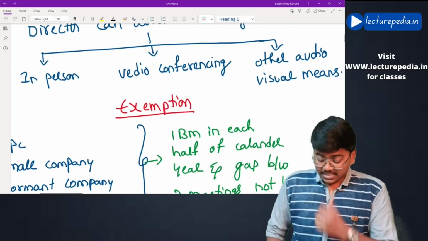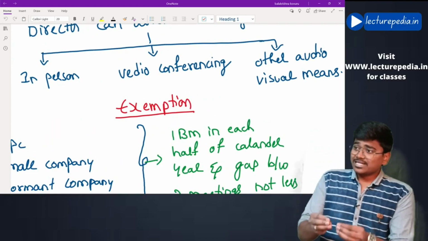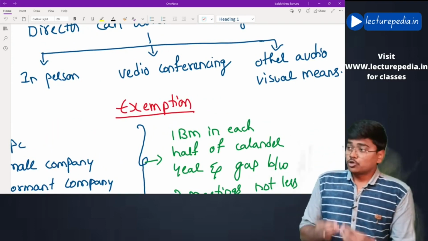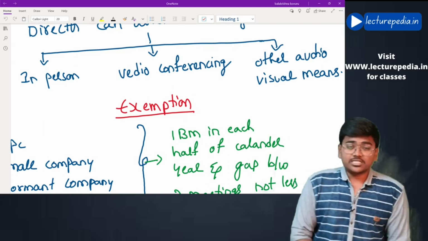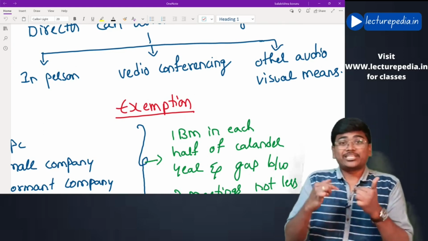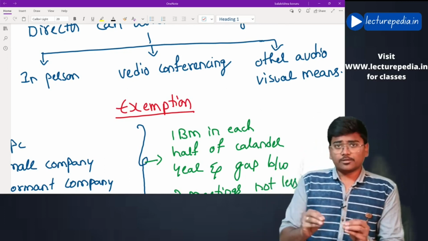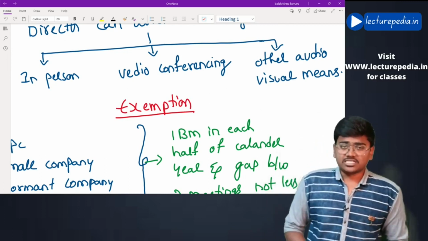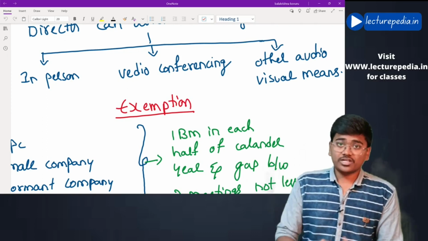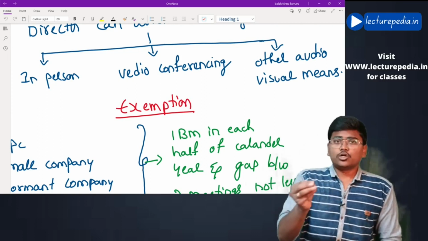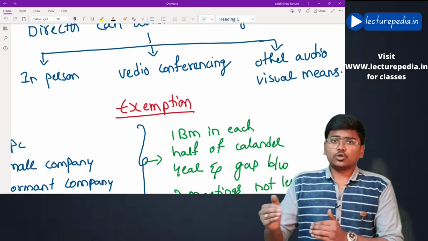Now this video conferencing, whether it is mandatory for the company to provide the option of video conferencing, no, it is not mandatory. At the option of the company, it can either provide or it cannot provide. It need not provide the video conferencing. If at all the option for video conferencing is available, such note must be mentioned in the notice of the board meeting.